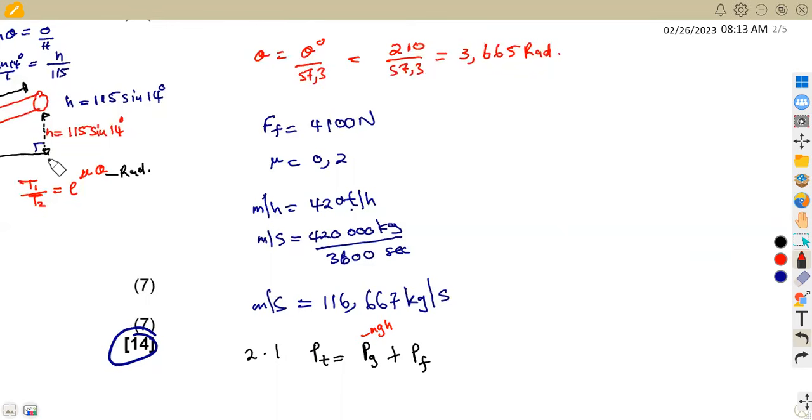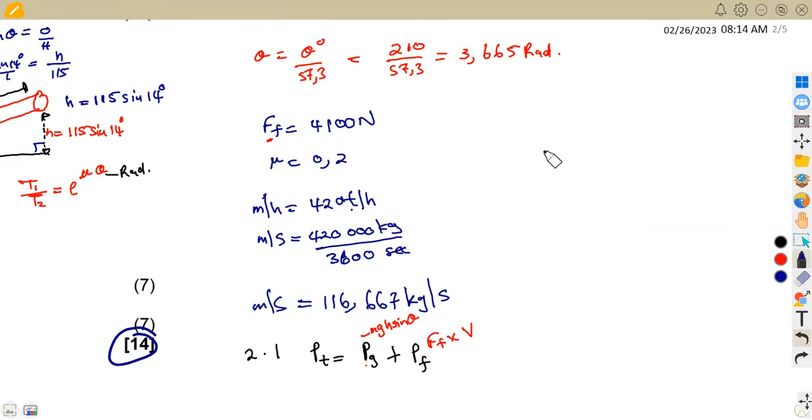But remember, there is an angle, so it is going to be mgh sine of theta. The frictional power is taken from the frictional force times velocity. Remember, force times velocity gives you power.